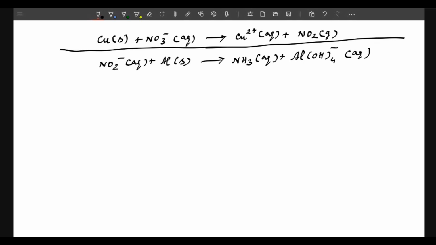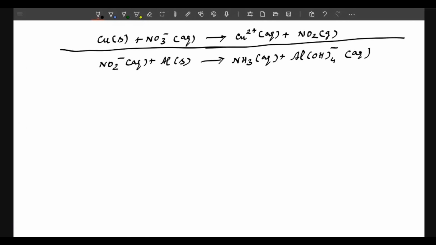There is no change in the procedure. But now you get a reaction that takes place in the acidic medium. After that, there is one step: you convert it to basic, that's all. No other method is there. Therefore, balance this up to the acid medium reaction.